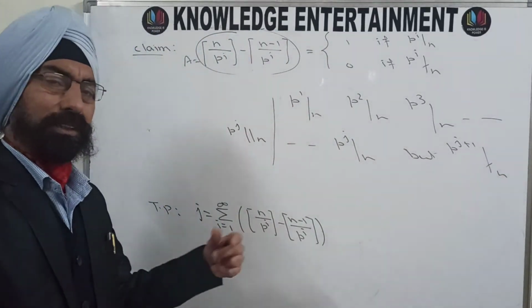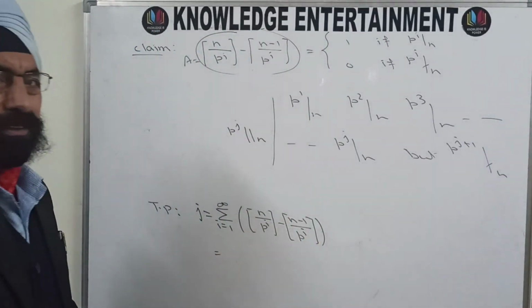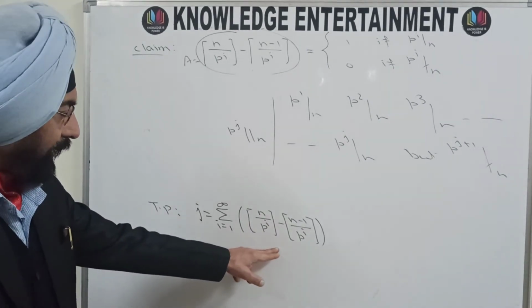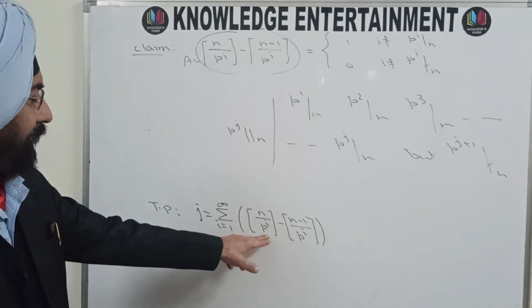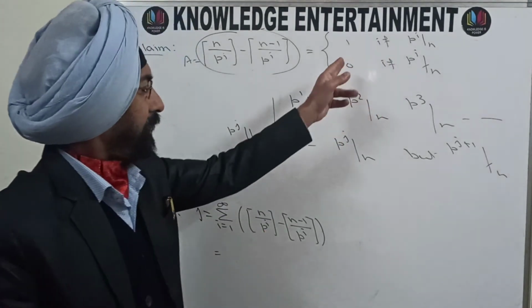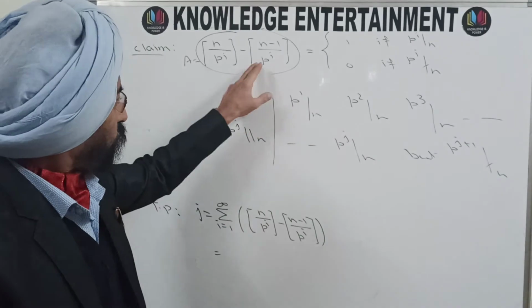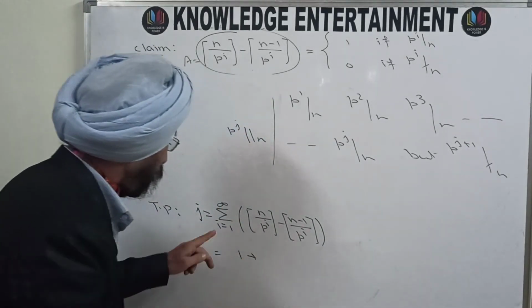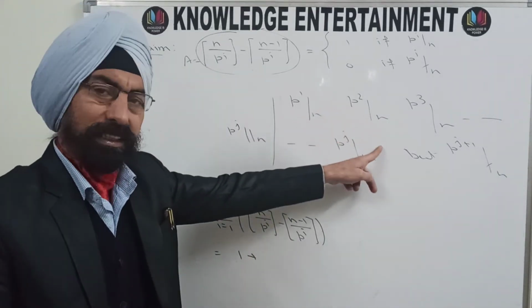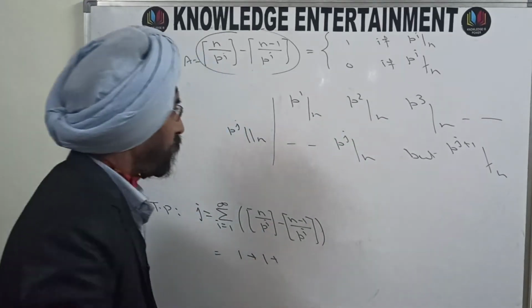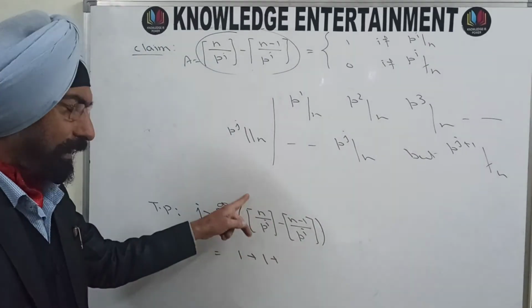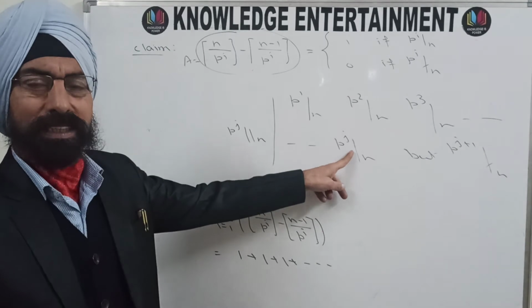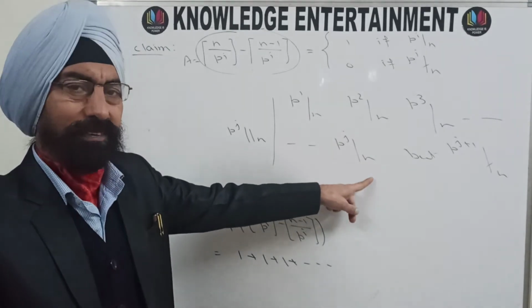Now look at this summation. In this summation, you put i equal to 1, so you will get p, and p divides n. So this term will become equal to 1. If you put 2, p squared divides n, so again it will be 1. You put 3, once again it divides n, so you will get 1, and so on up to p^j, because p^j divides n.